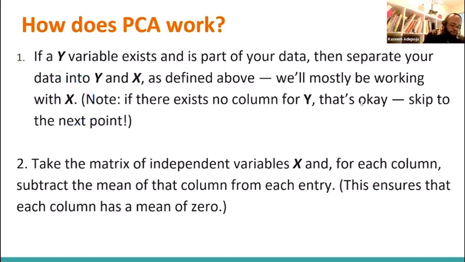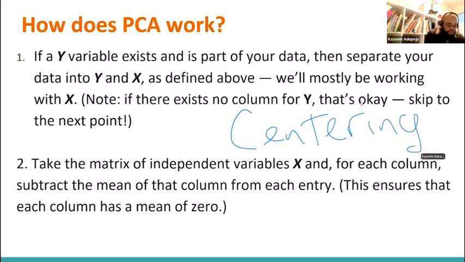So what we're going to do is take the matrix of independent variables X, and for each column, we subtract the mean of that column from each entry. It's more or less like we are doing centering. You remember the other time when we talked about centering? You have a random variable x1, you remove the mean of that.